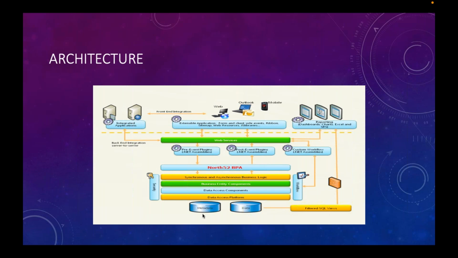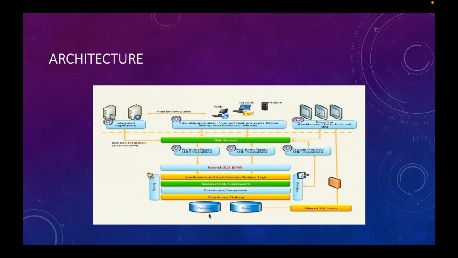To give a simple definition: metadata is data that contains data. To understand exactly, metadata is the out-of-the-box data provided by Microsoft when we set up a trial for Dynamics 365.